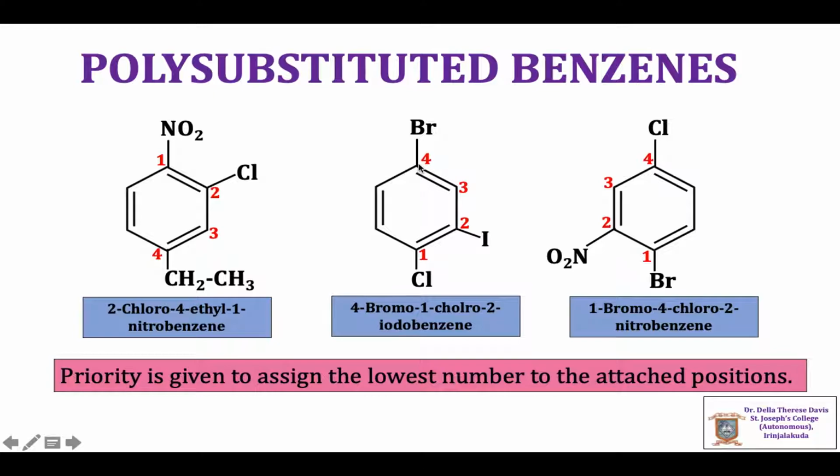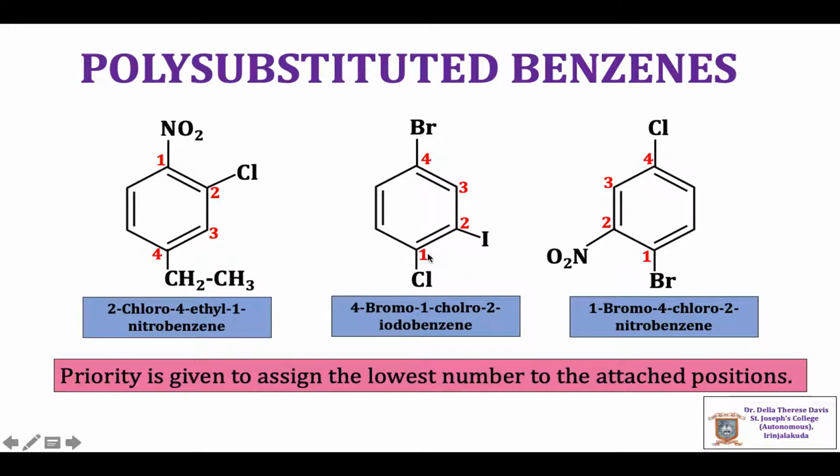In the second example, we have three substitutions: bromine, iodine and chlorine. We have to number the positions of carbons in such a way that all the substituents get the lowest possible number.